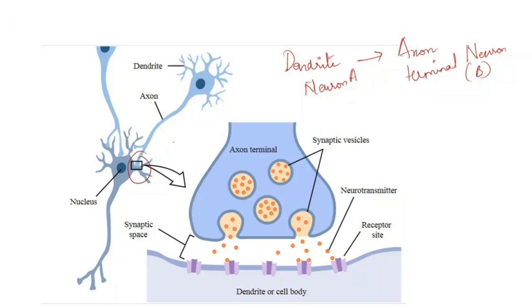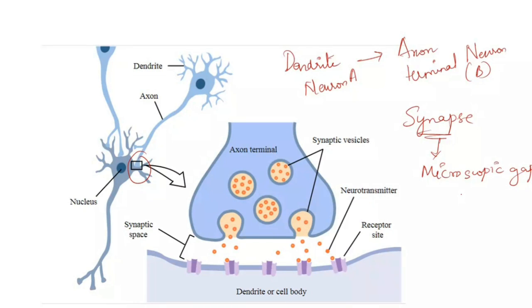As you can see in the image provided, there is a small gap between the dendrite of one neuron and the axon of another neuron. This gap is called a synapse. It is a microscopic gap present just between the dendrite and axon of two successive neurons.